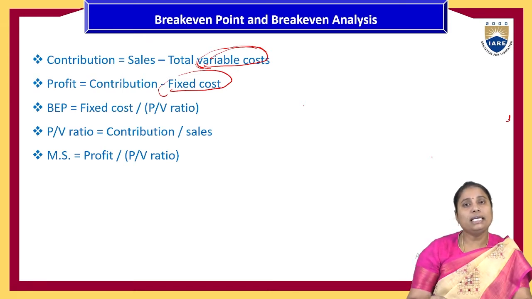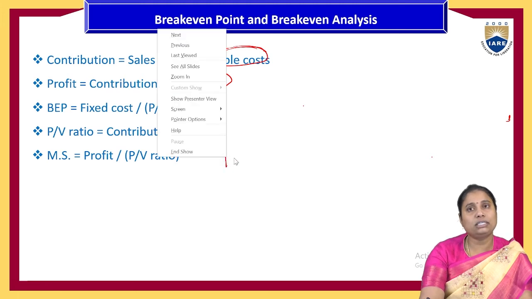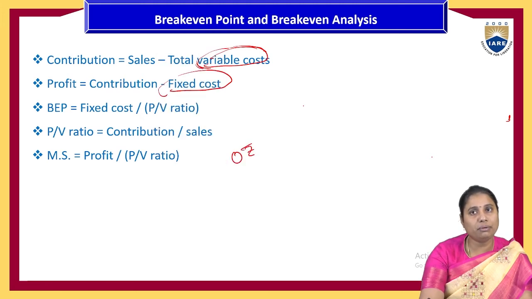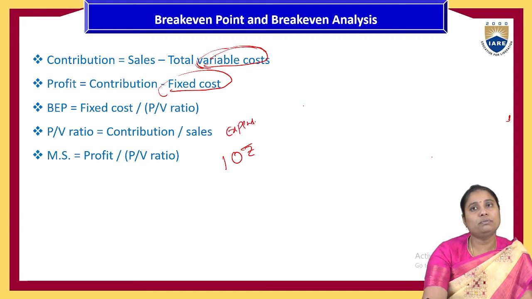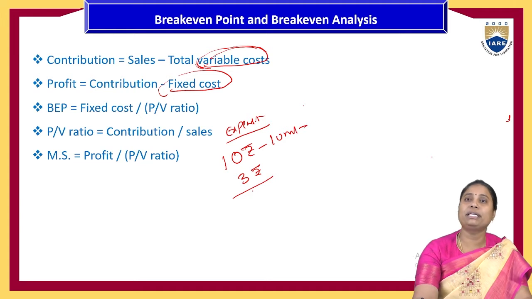Totally, for example, if a product's cost is 10 rupees, then 10 rupees is the expenditure. Out of this, 3 rupees they spend as variable cost, which means for that particular unit of the product they exclusively spend 3 rupees.